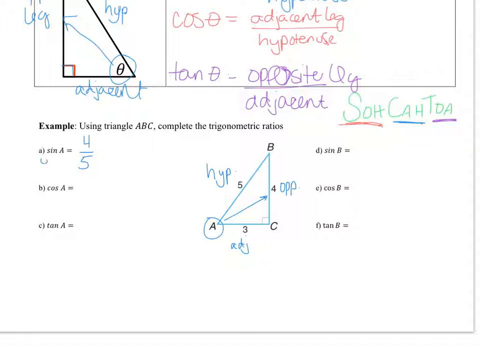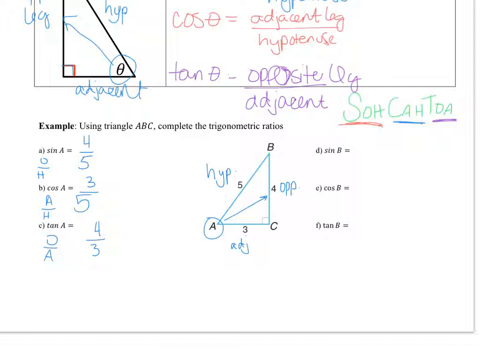Cosine of A, I'm going to just put opposite over hypotenuse. Cosine is the adjacent over the hypotenuse, so looking at my triangle again, going from A, which is my blue markings, I'm going to go adjacent, which is 3 over the hypotenuse, which is 5. I can mark that for you. And then tangent is the opposite over the adjacent. So looking at my triangle there, the opposite is 4 over the adjacent, which is 3. And you're going to leave your answers just right there in fractions.